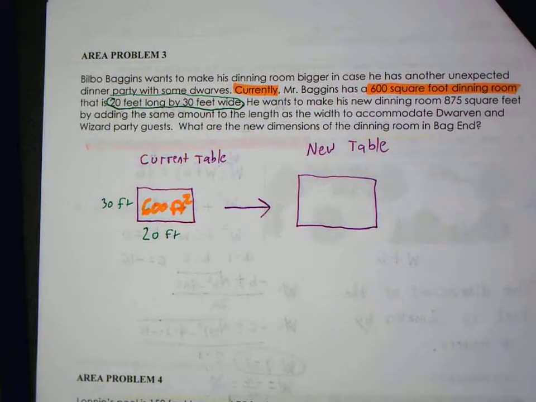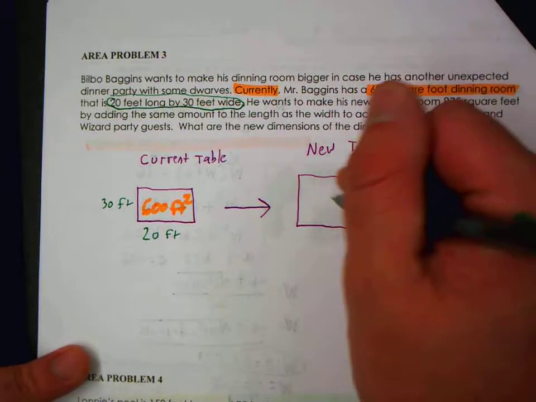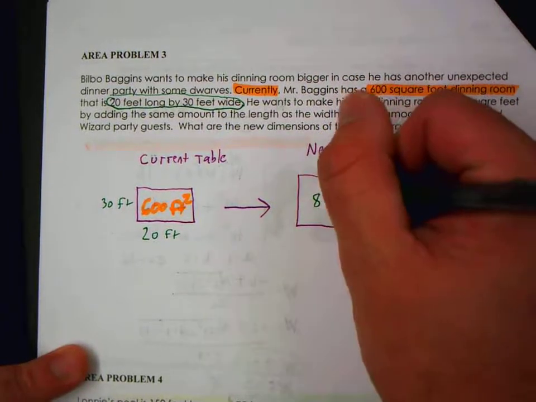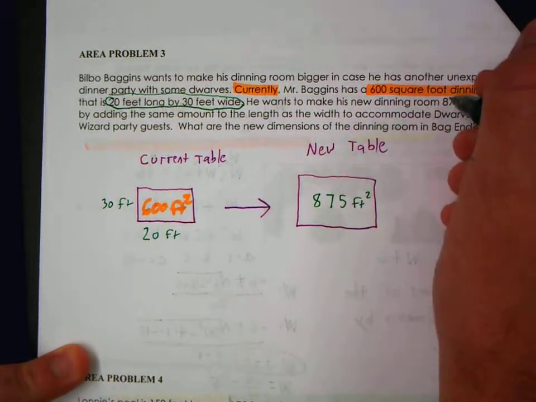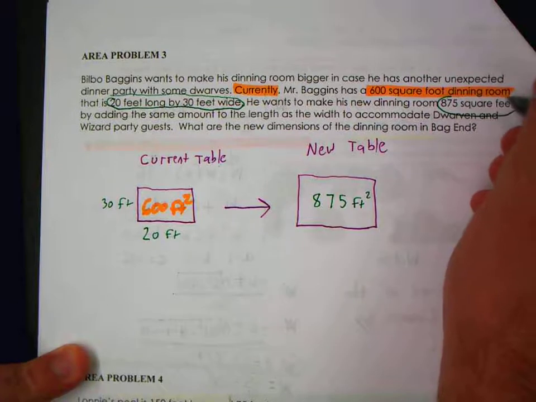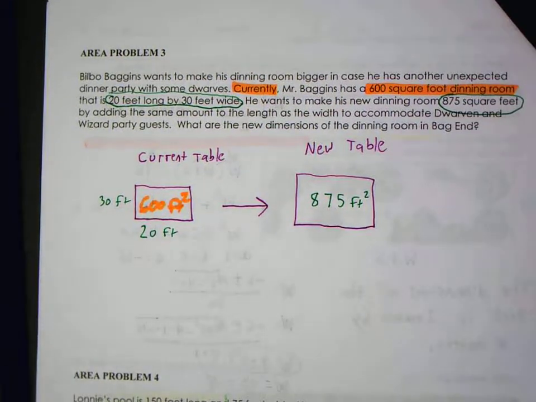Okay. He wants to make his new dining room 875 square feet. So he wants it to be 875 square feet. And I got that from there. And he wants to do this by adding the same amount to the length as the width. So we're going to add the same amount to the length, same amount to the width. Your choice what variable.